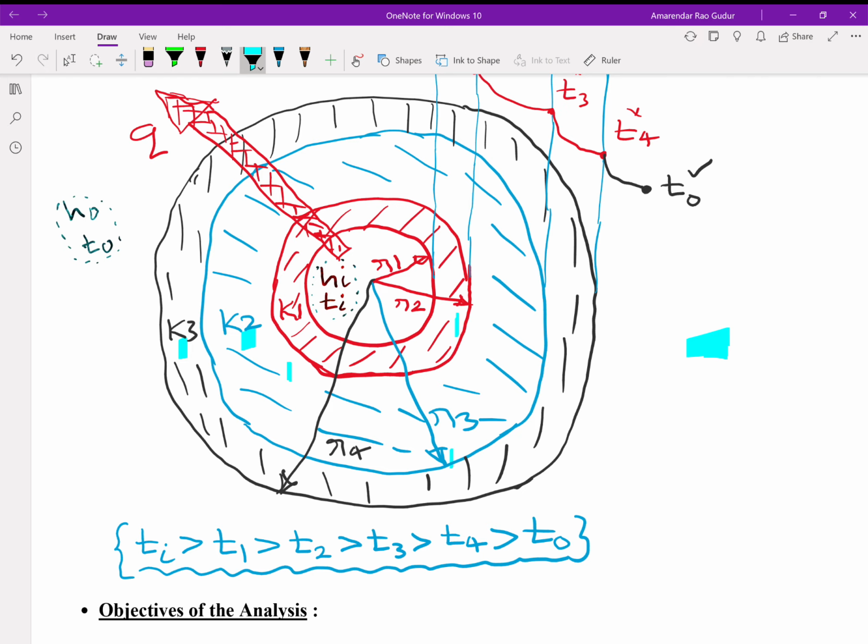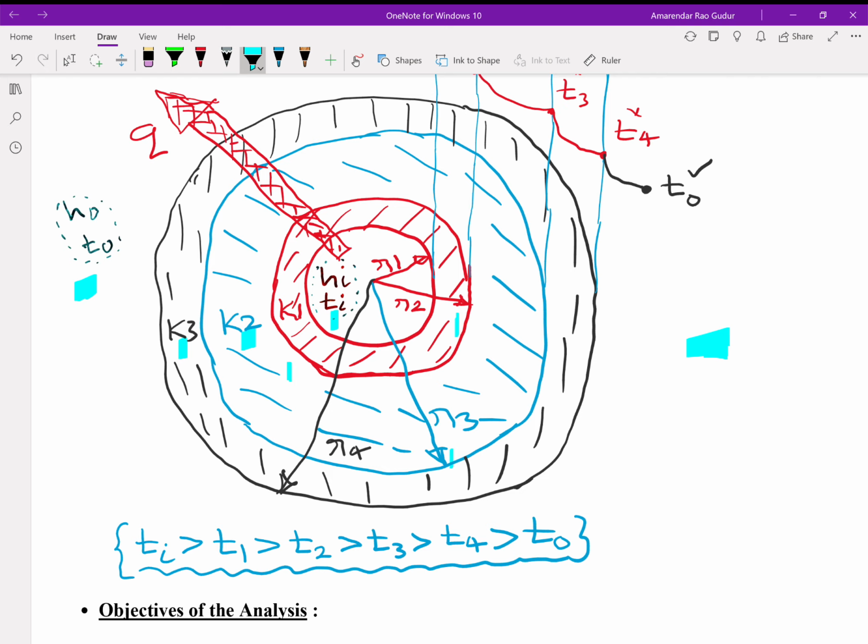Then inside a fluid is flowing, creating an environment of Hi, Ti. Hi is the inner heat transfer coefficient, Ti the inner fluid temperature, and the outer surface is subjected to a fluid having a temperature of T0 and a convective heat transfer coefficient of H0.